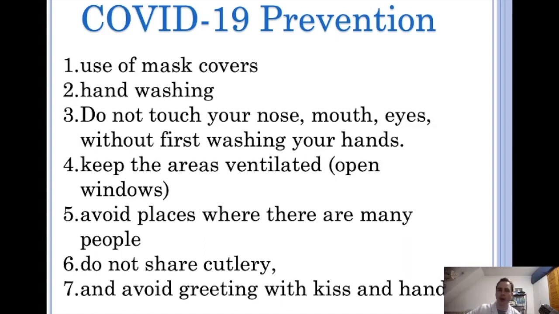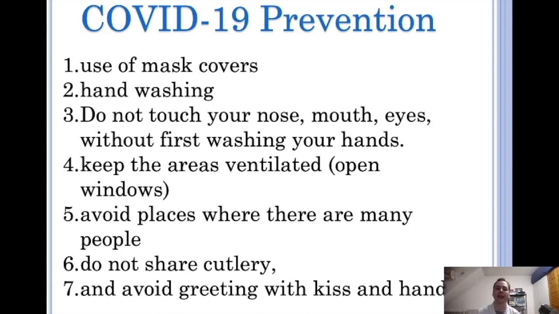If I'm walking in the street, touching everyone, kissing everyone, talking, even when you talk, the saliva will go from your mouth, you will infect other people. So that's why we have to use the mask, and also to avoid other people spreading saliva or something on us. Okay, so it's really important. It's a must. We have to cover ourselves with a mask if we are going to go outside.